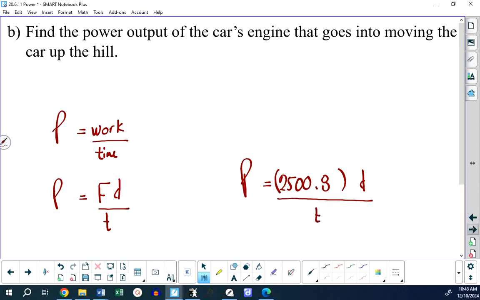What can we do here? I'll give you a hint.